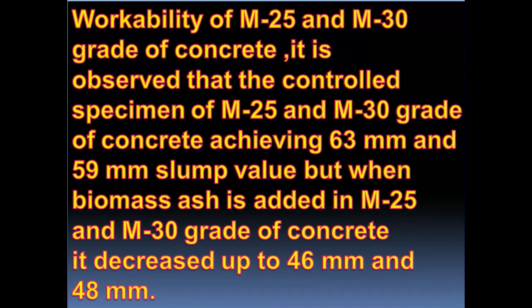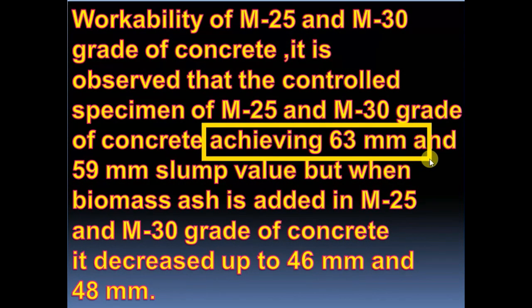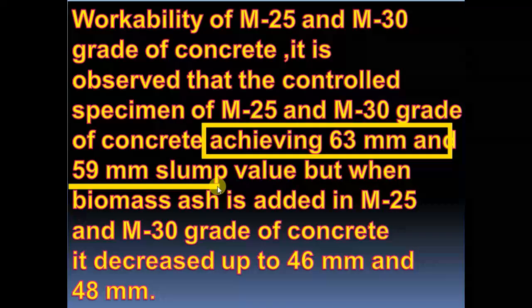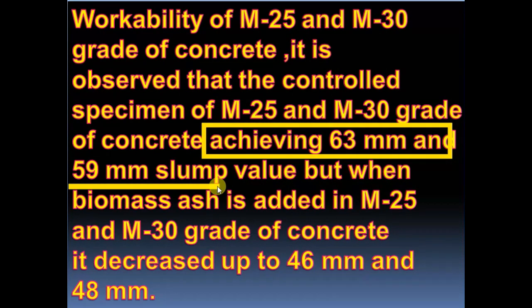Since mostly we achieve a slump of about 63 mm to 59 mm, it is important to reduce the slump. Slump means the settlement, and that has to be decreased.